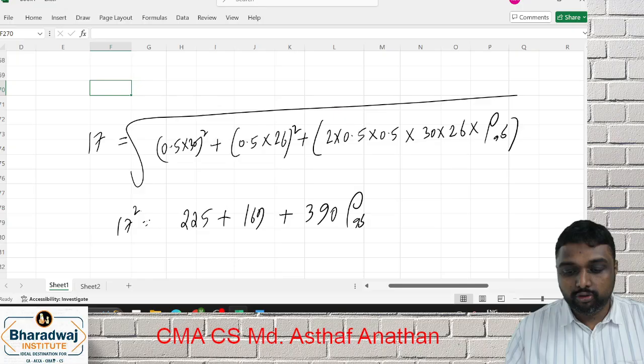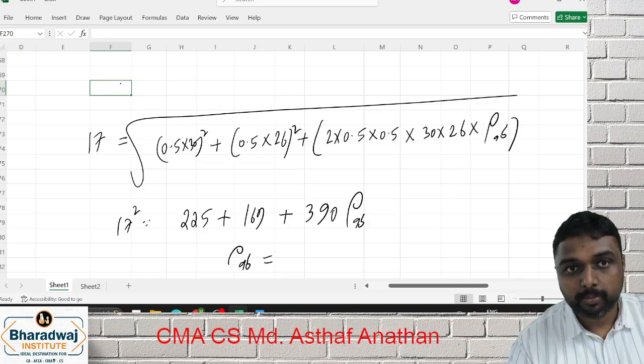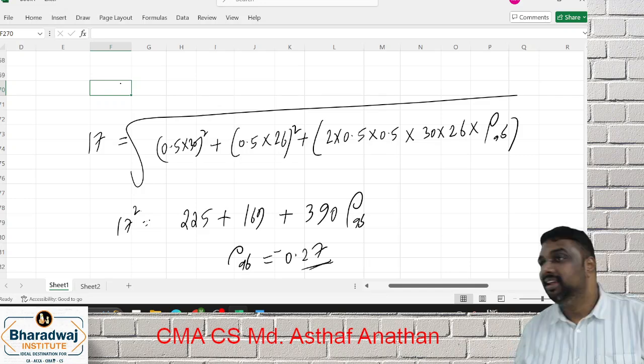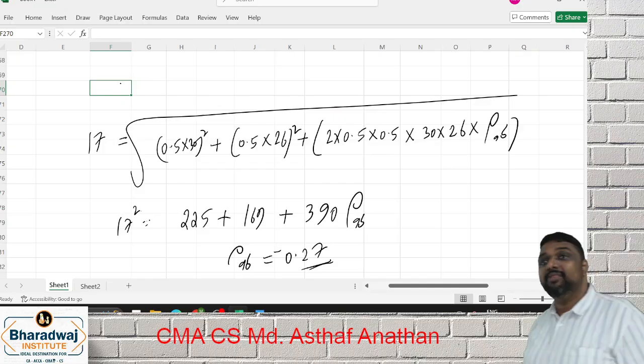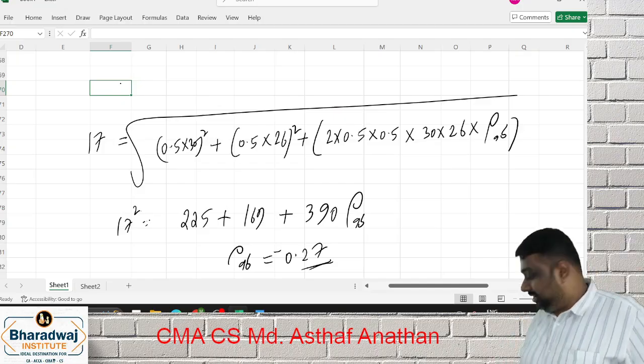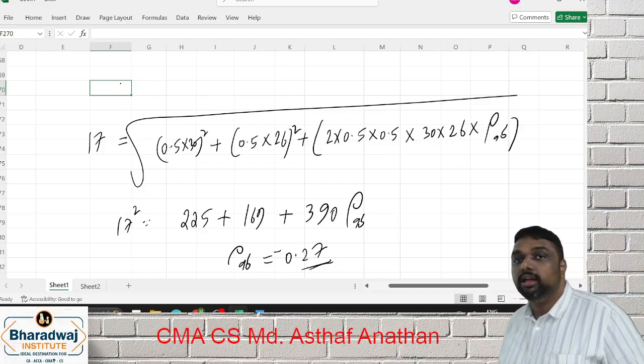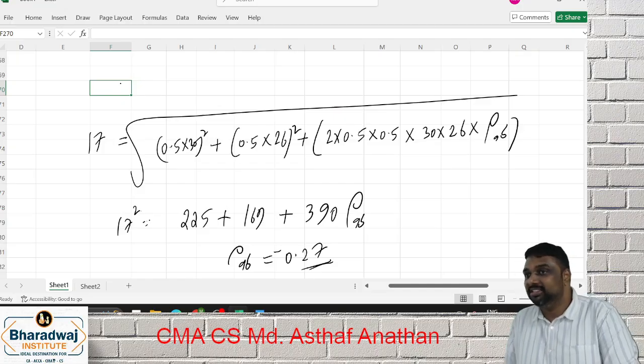If you solve this, you will get correlation AB as minus 0.269. Are you understood? So this is another method of reverse calculation. Are you clear, friends? Yes.